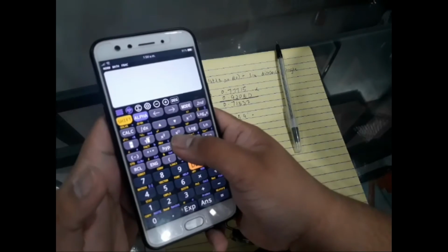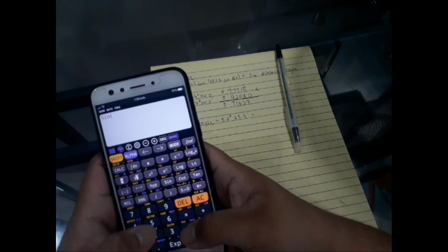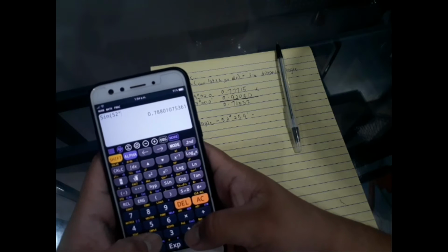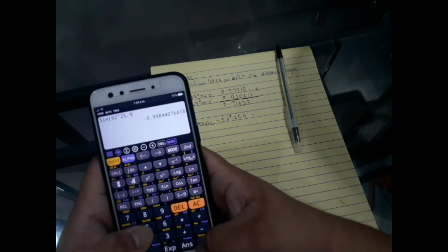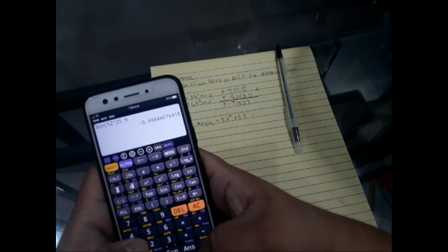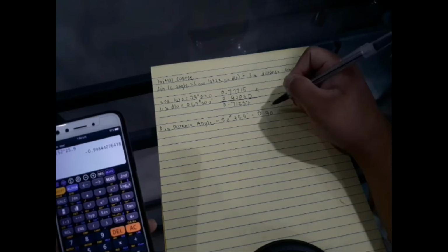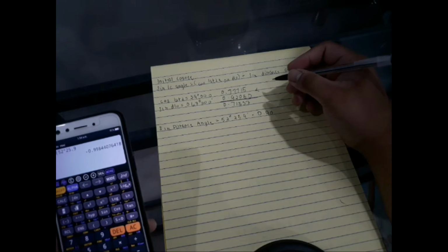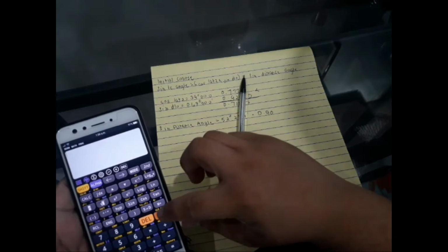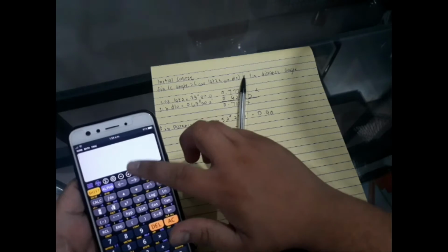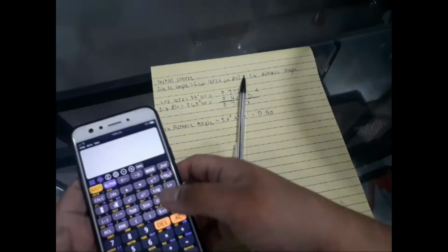Just like we did before, we're gonna do the sin, 52 degrees and 25.9 minutes, is equals to... There you go, we're gonna change this to degree.